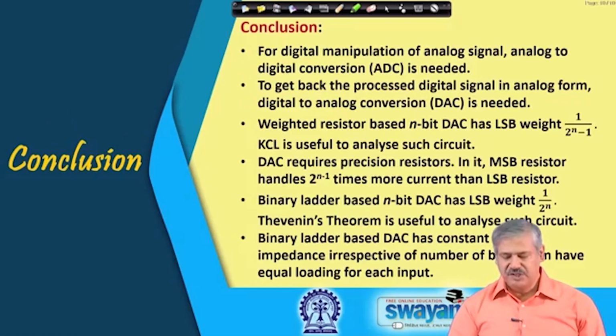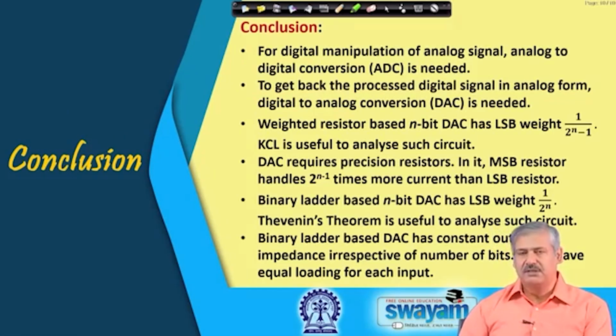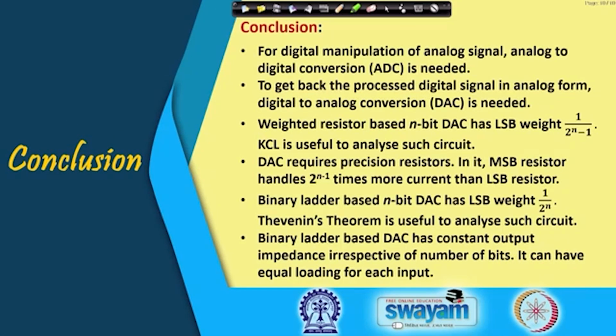Okay. So, with this we come to the conclusion of the first part of the DSC discussion. What we have seen is that for digital manipulation of an analog signal, analog to digital conversion is needed, and to get back the digitally processed signal, which after processing is in digital form, into analog form, digital to analog conversion is needed.